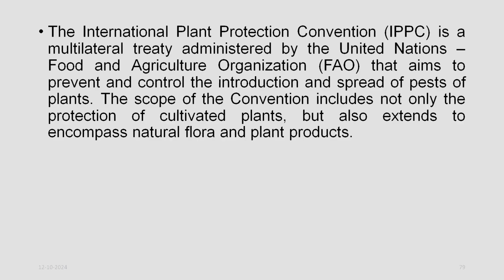The scope of the convention includes not only the protection of cultivated plants but also extends to encompass natural flora and plant products. So it's not simply the crops that are used for the harvest or for human consumption, but this association takes care of the natural flora that exist in nature or in the ecosystem, mainly because if the ecosystem gets infected, then it will infect all kinds of life.